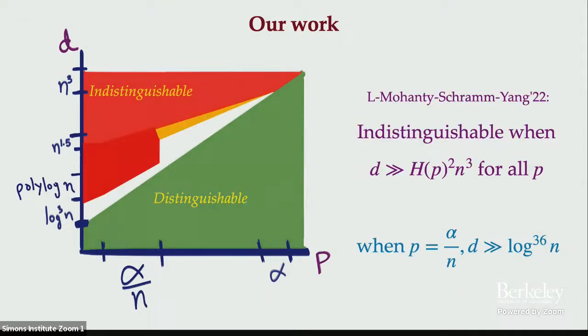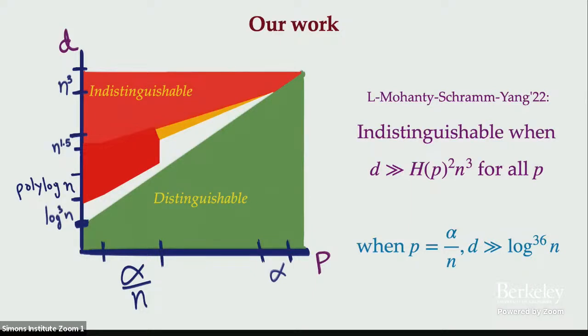So the work I'm going to talk about improves the indistinguishability side of things, and all the improvements are also statistical indistinguishability. We showed that in general, when d is much greater than n p squared n cubed, then in this regime random geometric is indistinguishable from Erdős-Rényi.